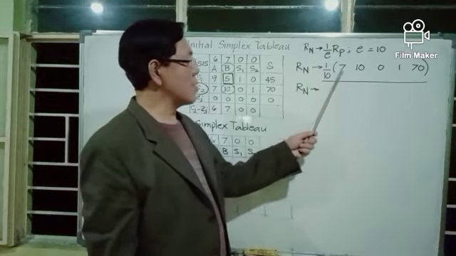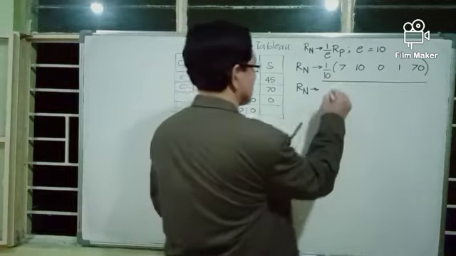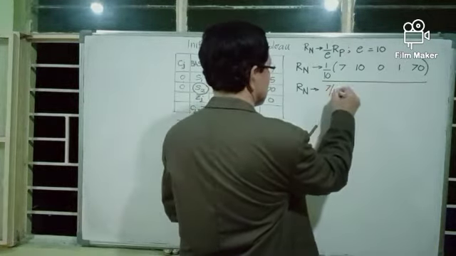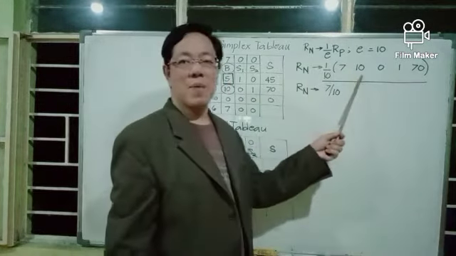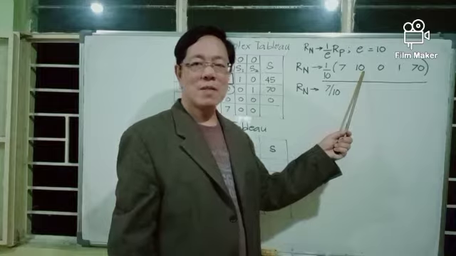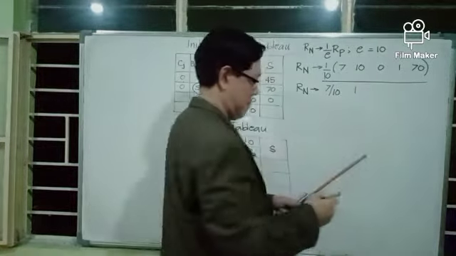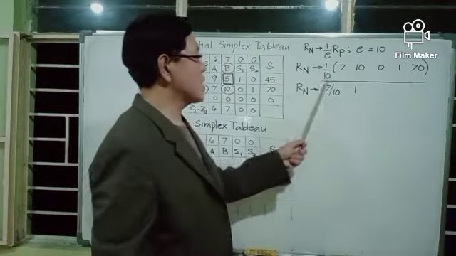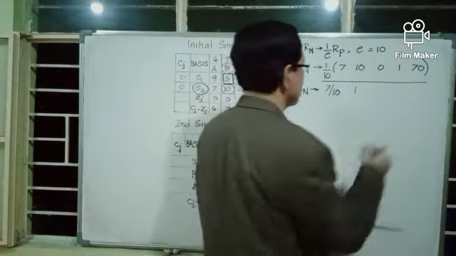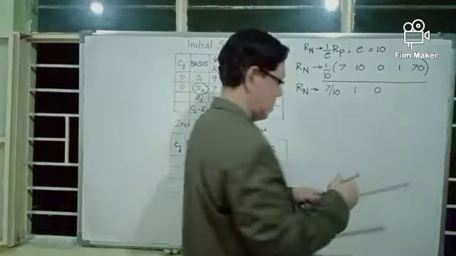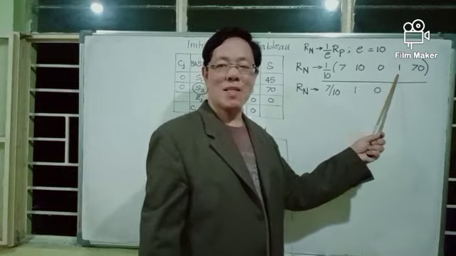1 over 10 multiplied by 7 is 7 over 10. 1 over 10 multiplied by 10 is 10 over 10, which is 1. 1 over 10 multiplied by 0 is 0. 1 over 10 multiplied by 1 is 1 over 10.